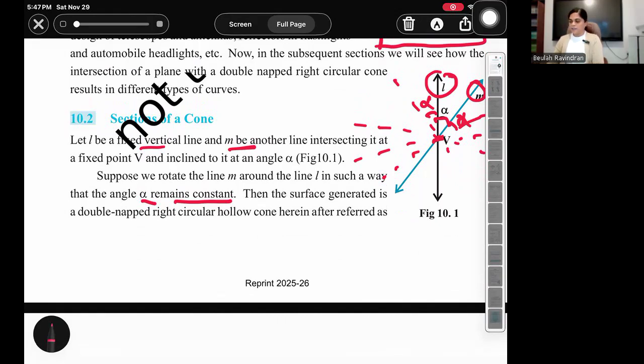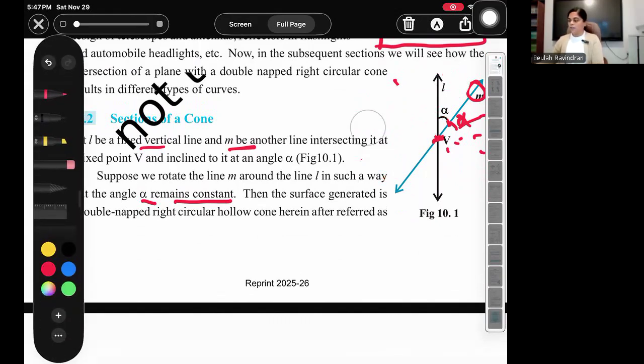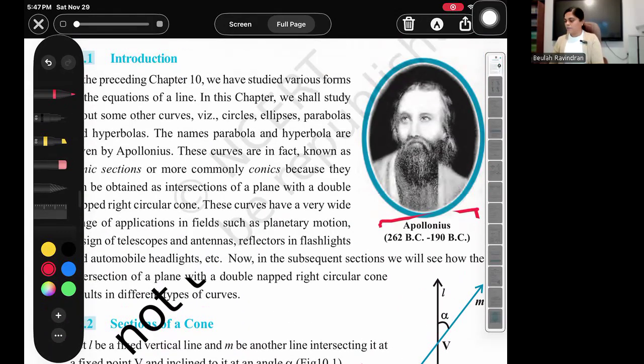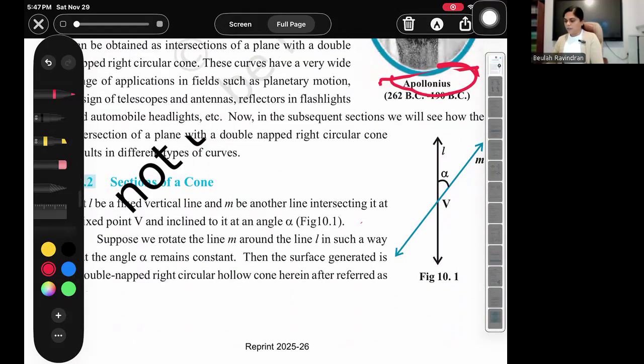Do you imagine that? See, for example, how the curves are made, how the conic sections were introduced by the famous mathematician Apollonius. He derived how the curves are made in this manner.